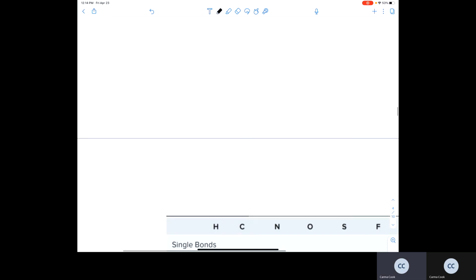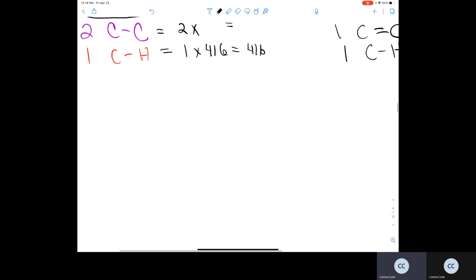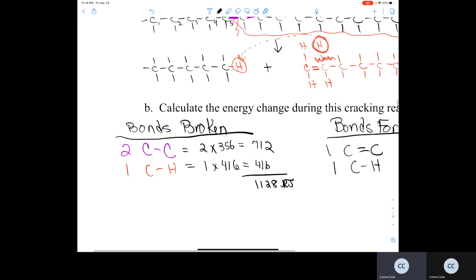And then a C-C bond is 356, so 2 times 356. Add those together. You get 1,128 kilojoules.